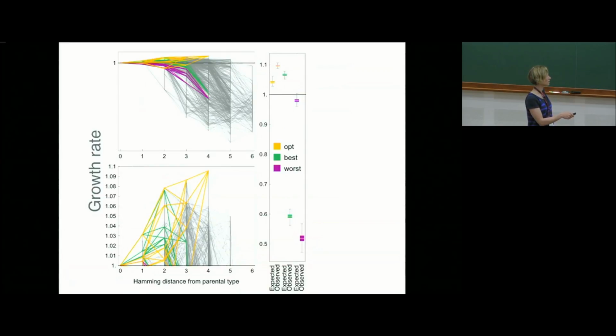And what you can see is that we clearly expected that it would be beneficial, but in fact, the optimum was much higher than we were actually thinking. So there was a lot of positive epistasis between those mutations that lead to the global optimum. Now, the picture was almost opposite when we picked those other two fitness landscapes where we combined all the best mutations and all the worst mutations.